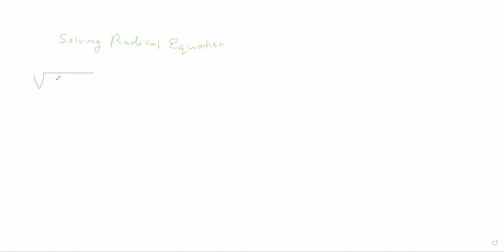So we're going to have 5t minus 11 equals the square root of t plus 5. Now, how should we do this? Well, again, we're going to square both sides. Remember, we need to get rid of this radical sign.